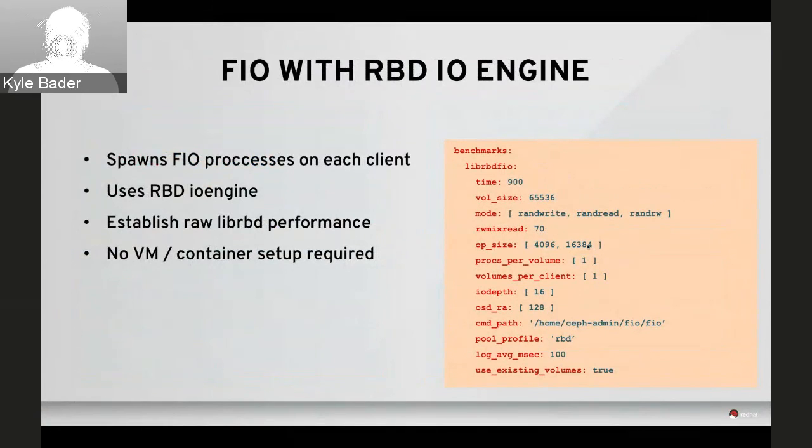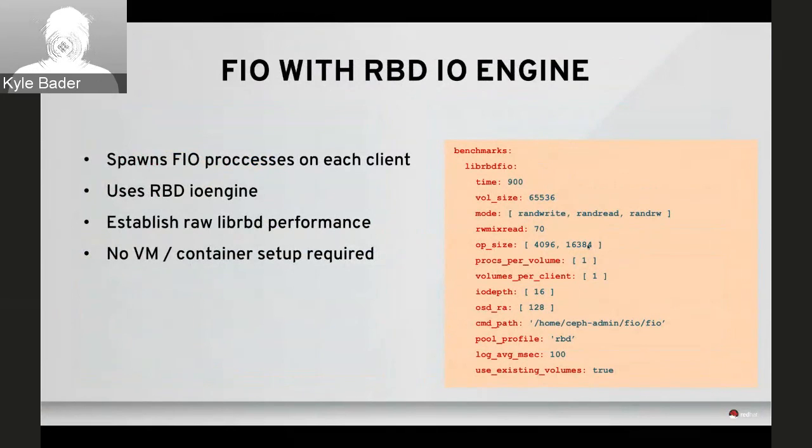You can give an array of IO depths. Again, the OSD read ahead should be set to something, even if you're using existing and it's not being set. You can provide a path. If you built FIO yourself, you can pass a command path for where the FIO binary should be found.